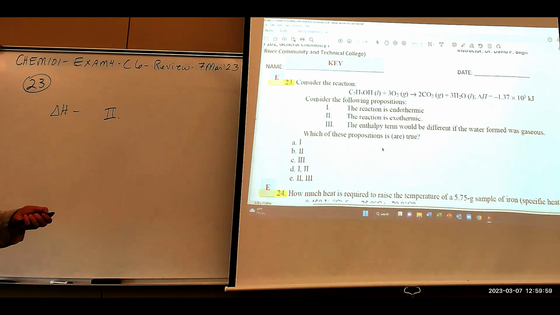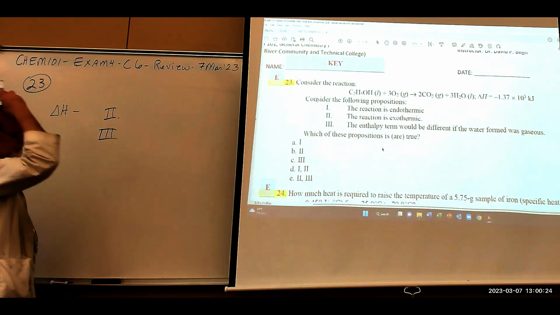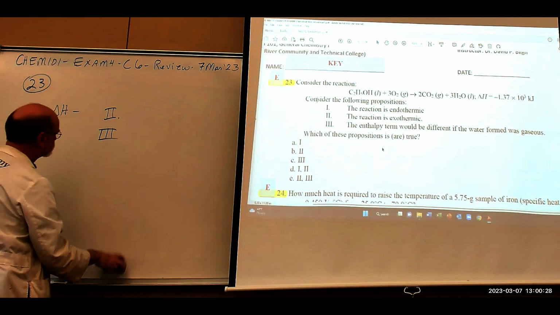So this incorporates that condensation energy. So if this was gas, there wouldn't be quite as much energy. Oh, well, actually, there would be more energy. Right? Because that means that you wouldn't have to give up any of that energy to condense it. So yes, 3, the enthalpy term would be different. 2 and 3 are both true. So that's E.